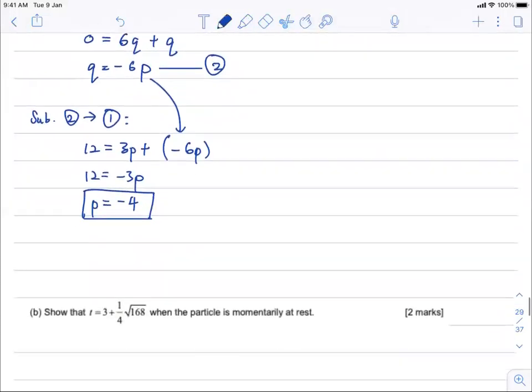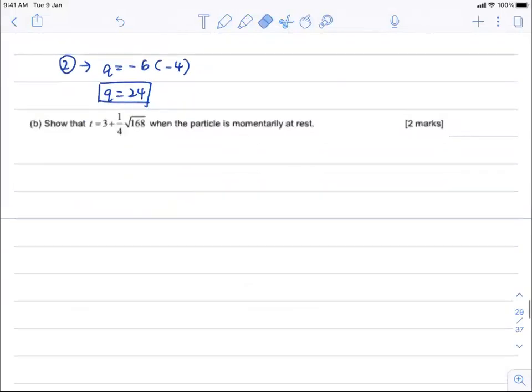Okay, now we can find q. So from equation 2, q is equal to negative 6p. p is negative 4, so q is equal to 24. Now we have p and q. We can move on to part B.